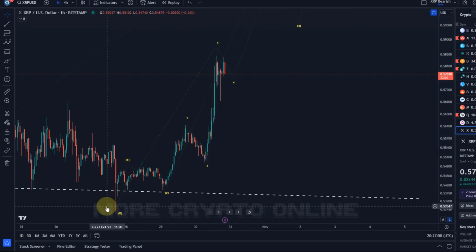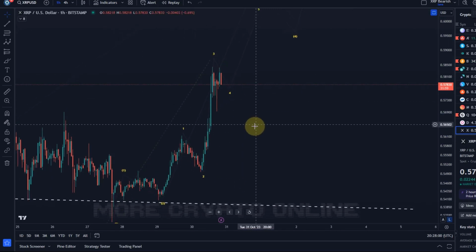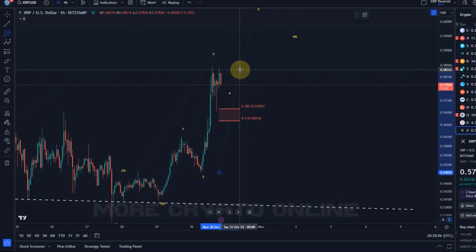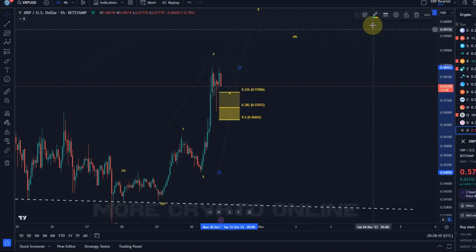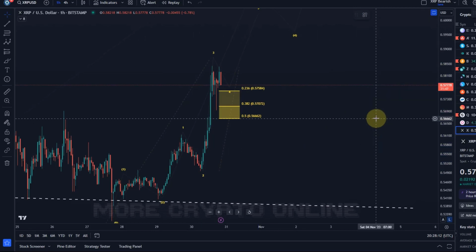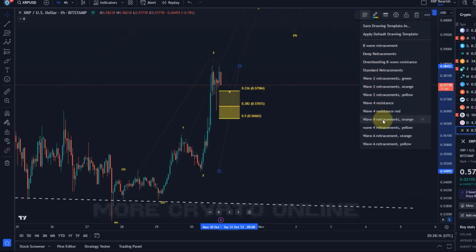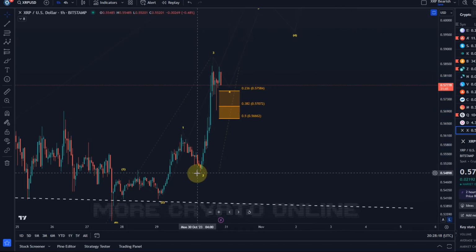But it's a valid count, okay? And if we now watch for direct continuation here, typically we would say that such a wave 4 should not break below the 50% retracement level. So what we're talking about here is the support all the way down to 56.6 cents. This is just not an invalidation point.